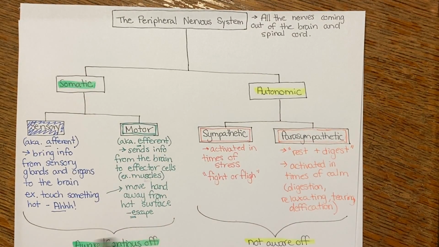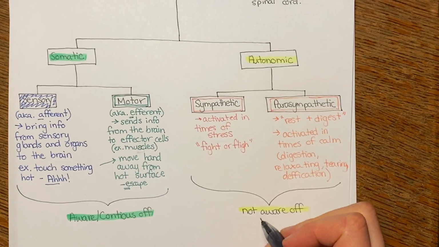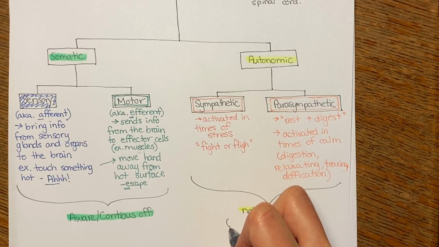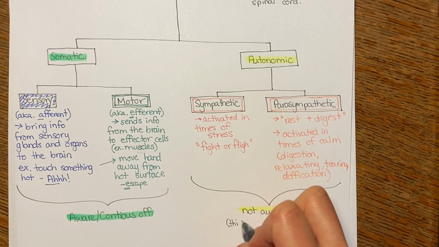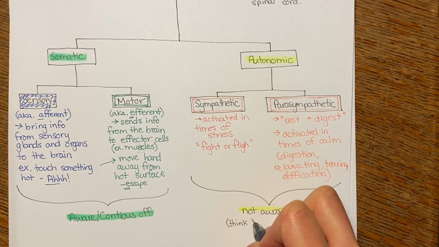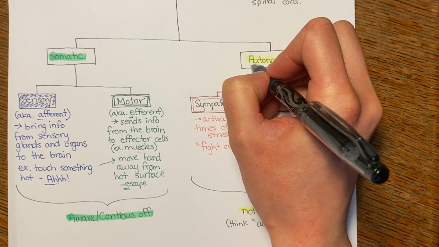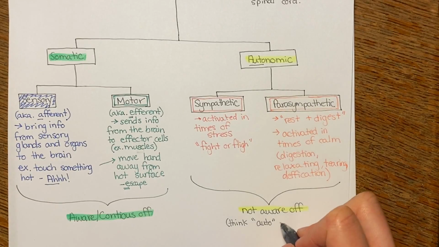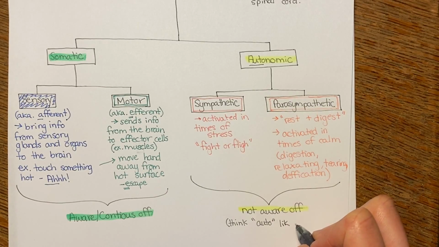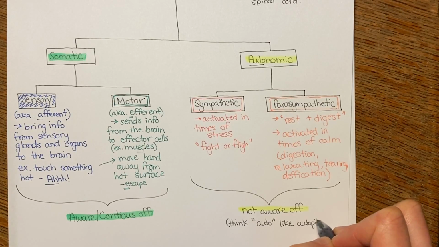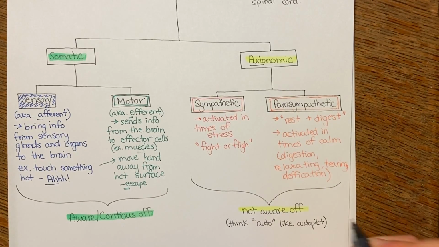Somatic, things we're aware of, autonomic, not aware of. To help you remember that, I think of autopilot. Think auto from autonomic as being like autopilot, so things you're not controlling, at least not controlling consciously.